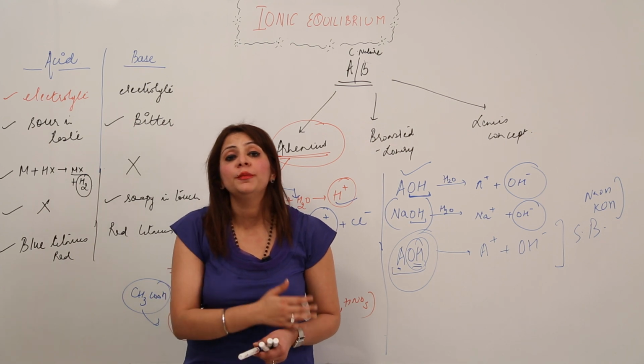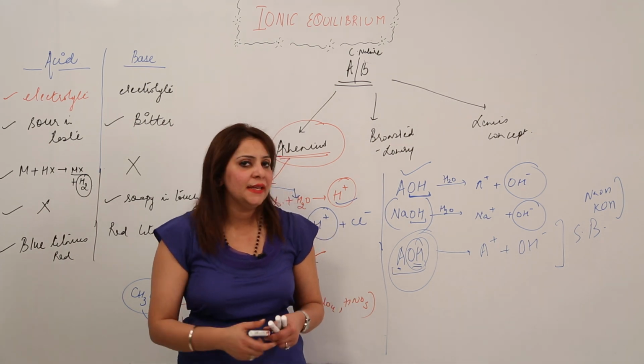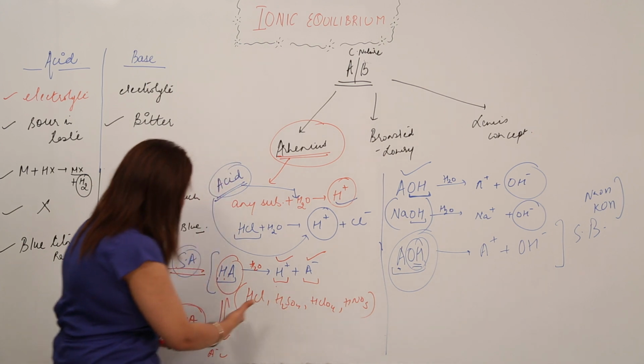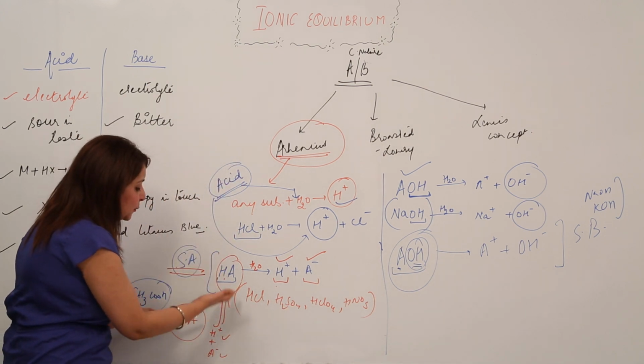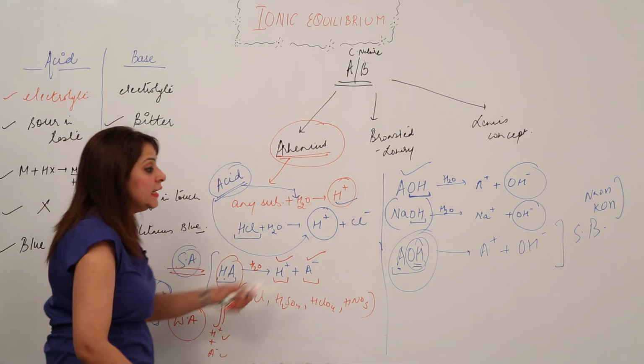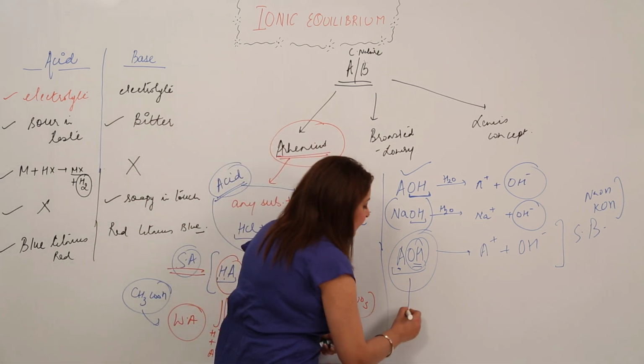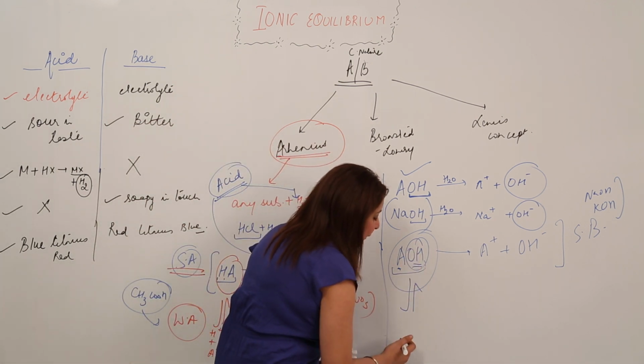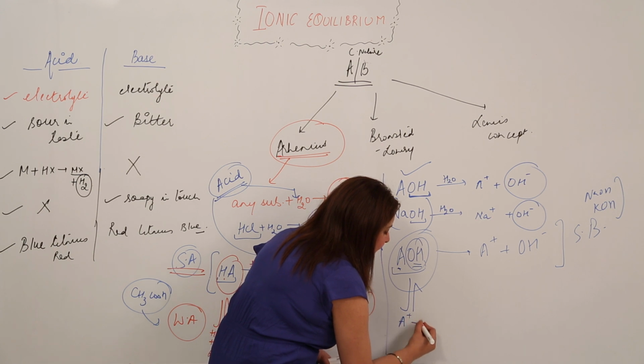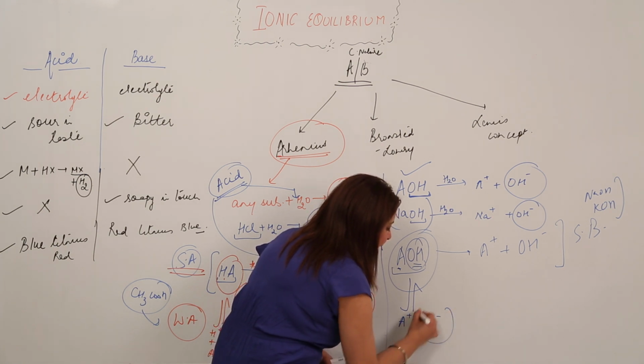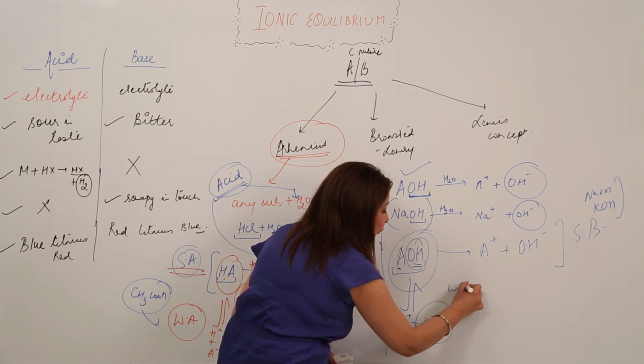So they form the examples for strong bases, right. And similarly, as we said the acids which get partially dissociated are weak acids, the same is applicable in this case: the bases which get partially dissociated to form their hydroxide ion are weak bases.